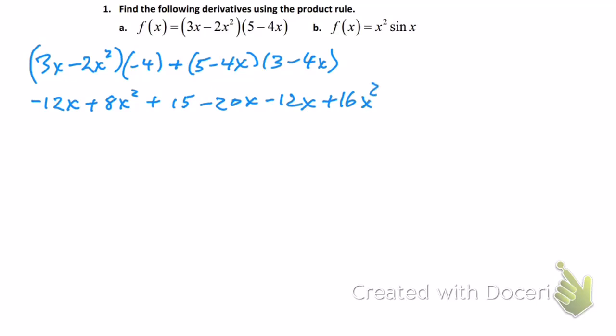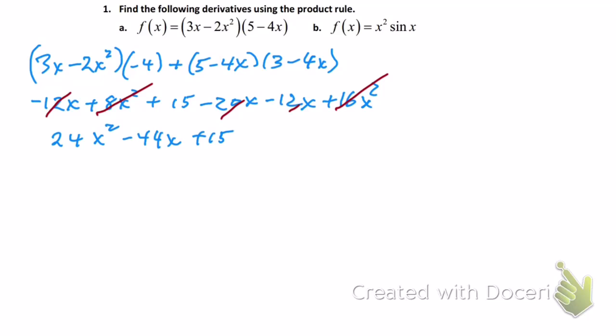Okay, double check my math. So then I've got 24x squared, and I can just mark these out because I used them. And then x-wise, I've got negative 12, negative 20, negative 12, so negative 44. And then plus 15. All right, that's the derivative.